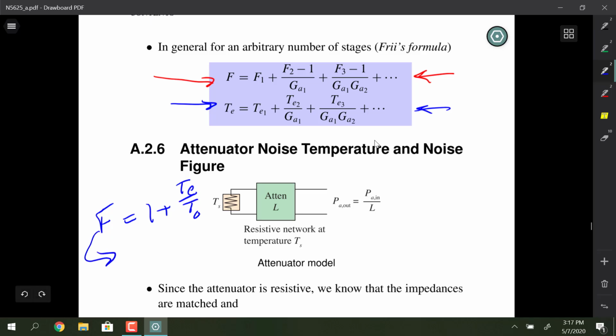Because you can spin this around if you want to solve for TE. And if I wanted to just do that right here, I could just see that TE is going to be F minus 1, that quantity times T0 will give you TE.